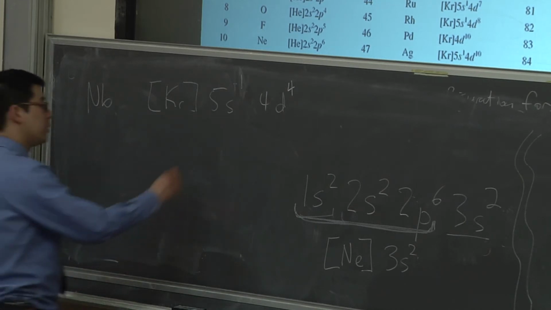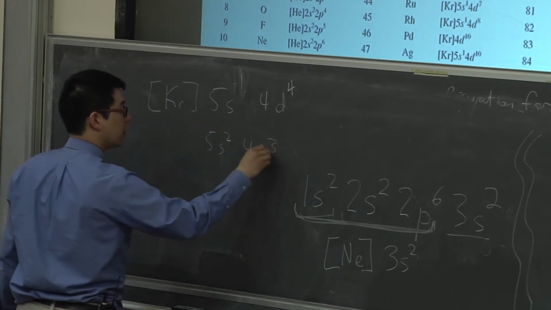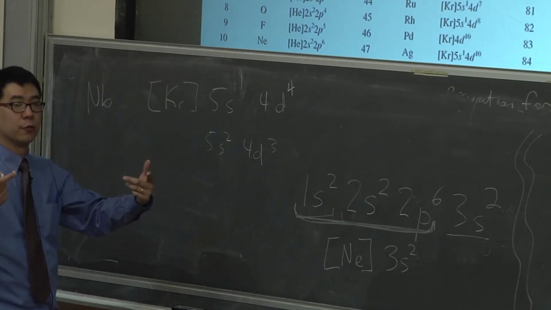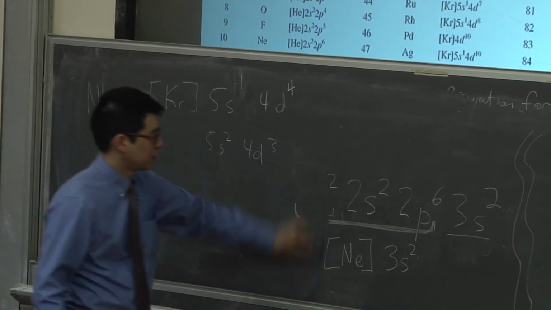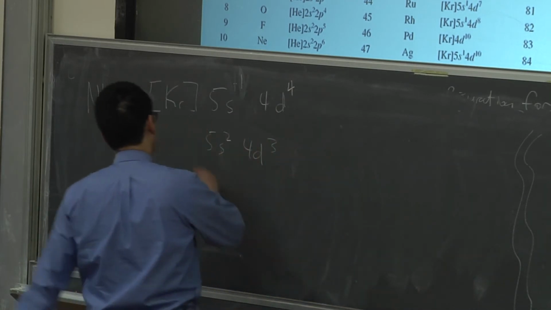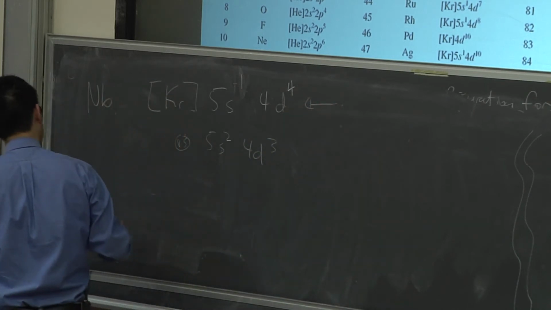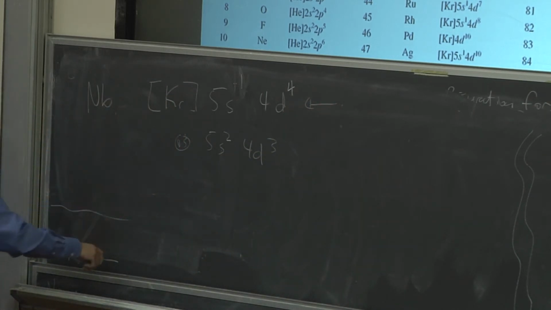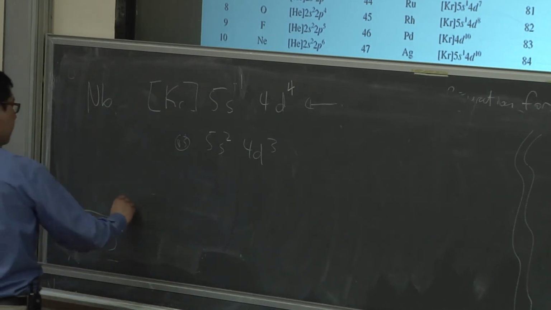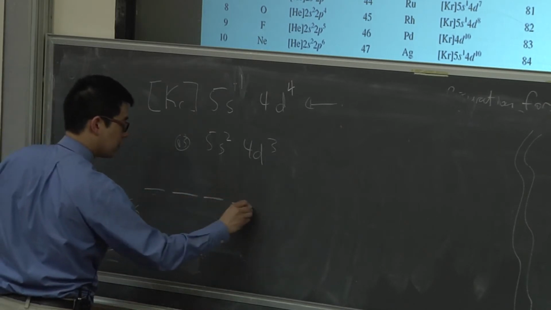What it's not is krypton 5s2, 4d3. That's kind of what we might expect based on just the Aufbau principle, building up. Versus this, which is the one that's generally observed. So if we draw, we're not going to draw our core. We're just going to say we have krypton here. Then we have our 5s and our 4d.